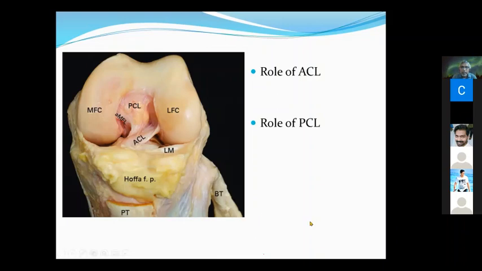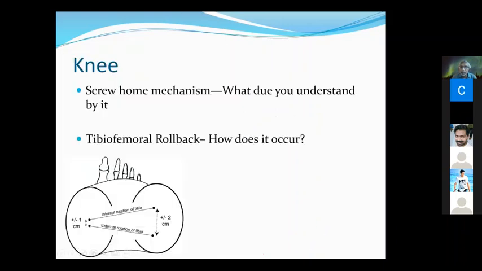These two mechanisms I think are very important: the screw home mechanism and the rollback. It's very important that you understand the screw home mechanism. What happens in a screw home mechanism, anyone?